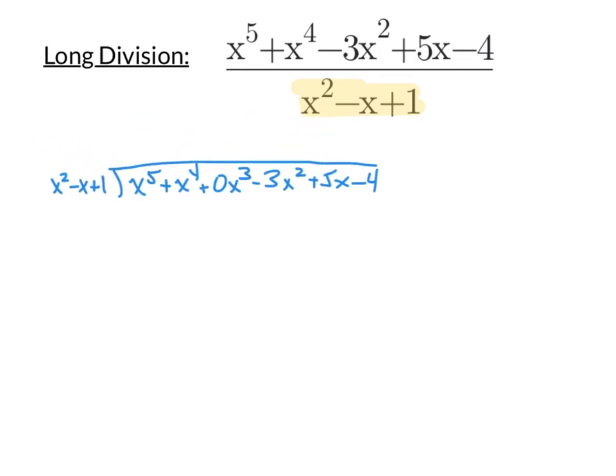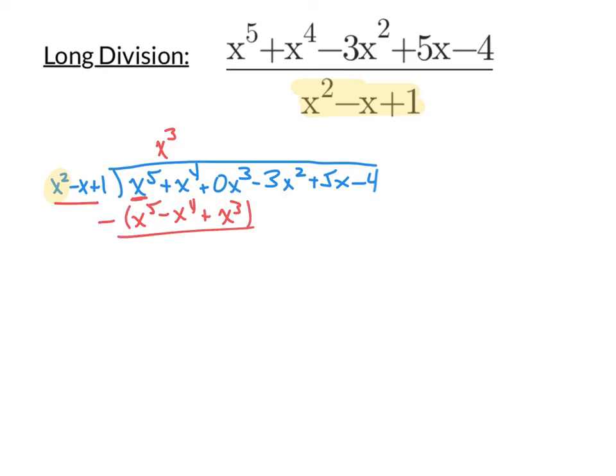Now, as we go through our long division, remember we're going to key off of this x squared. What do I have to multiply x squared by to turn it into x to the fifth? That would be x to the third. So do that to the entire quadratic here, and we'll have x to the fifth minus x to the fourth plus 1x to the third.